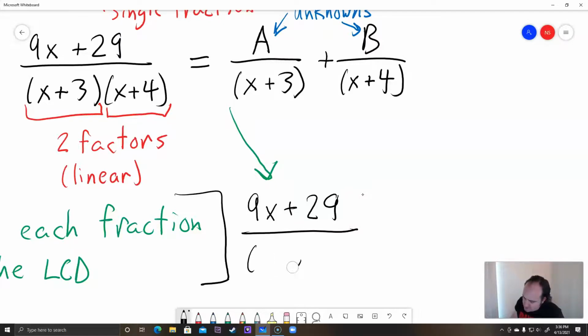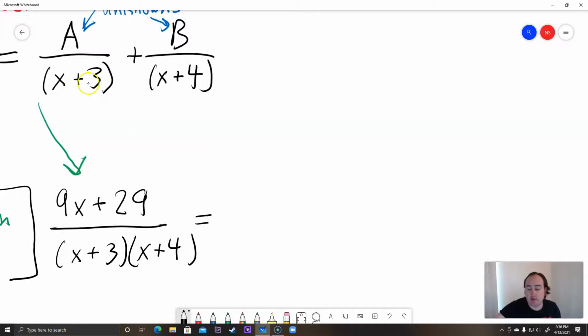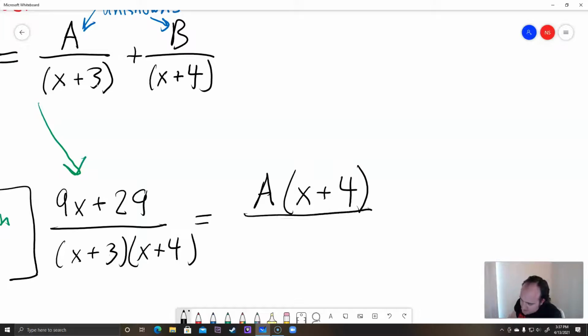But on the right side we need to multiply each fraction by whatever we're missing. In the first fraction we're missing an x plus 4, so we multiply by x plus 4 on the top and the bottom. So on the top we have a times a quantity x plus 4, and on the bottom we have x plus 3 times x plus 4.